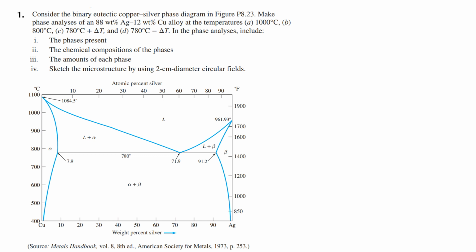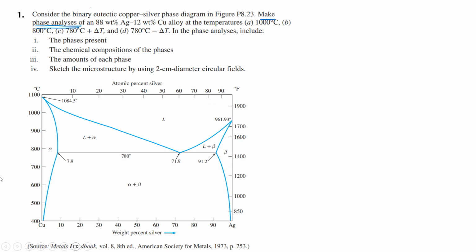So we have been given a binary eutectic copper silver, Cu-Ag, phase diagram, and we have been asked to make a phase analysis, to analyze what kind of phases are present, what are the compositions, and what are the amounts of phases, all three, right? For an 88 weight percent. So 88 weight percent is somewhere very close here.